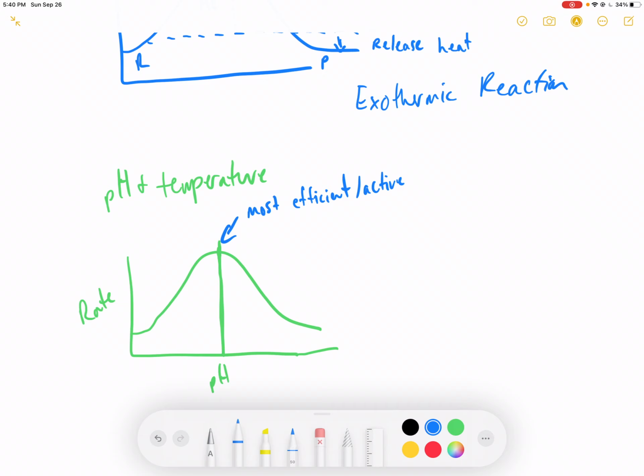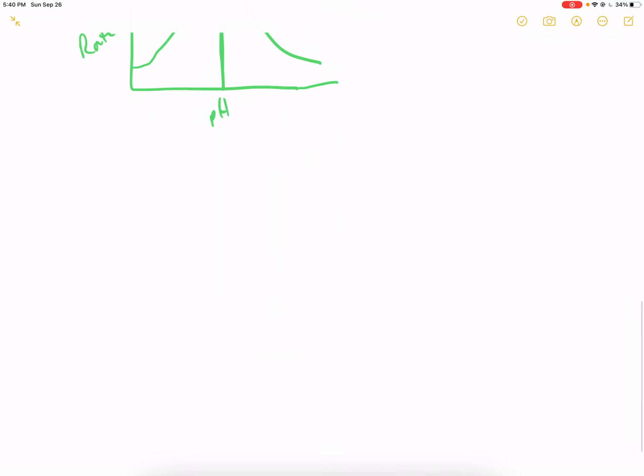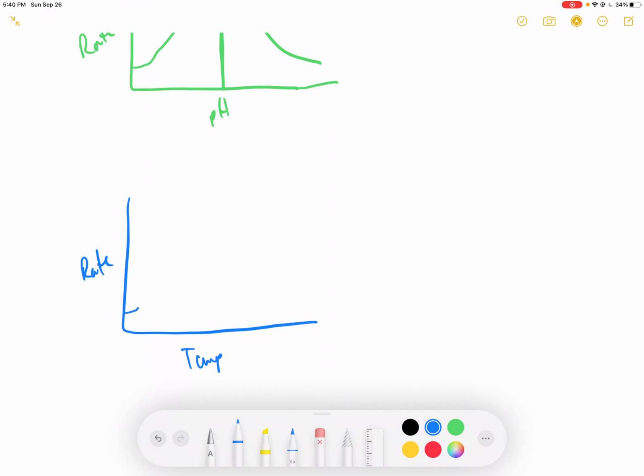One other thing we want to look at is temperature. So that was pH. What does temperature do to enzymes? Well, rate and temp here. Right here at this point, this would be my most active.